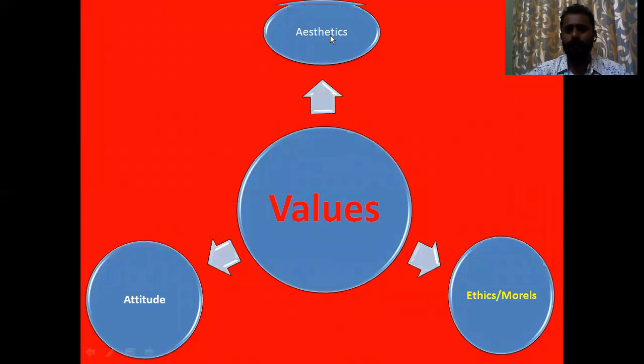This is not in the syllabus, but it helps for a better understanding. So you have to understand how attitude, ethics or morals and aesthetics are derived from values. Values is the central tenet of your syllabus. Values is the linchpin from which all other things emerge.